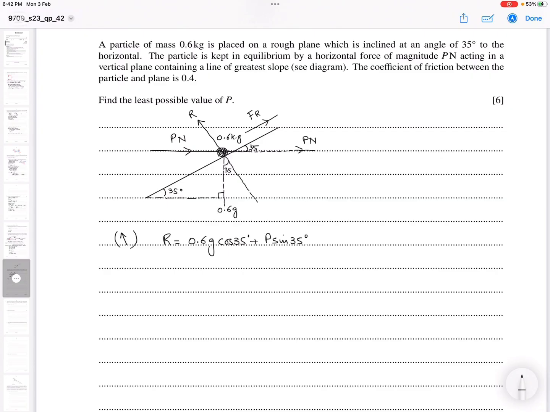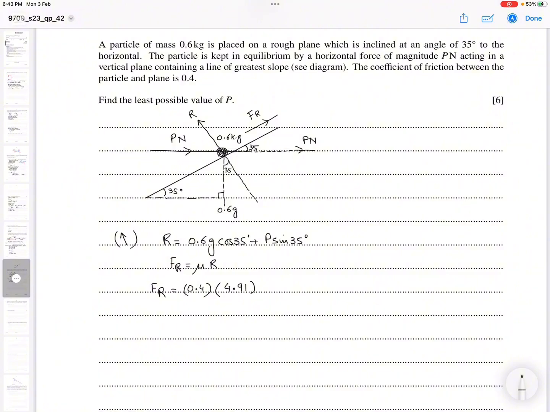Now the frictional force is written as Fr. This is actually mu R. So my frictional force would be equal to, mu is given as 0.4, and 4.91.